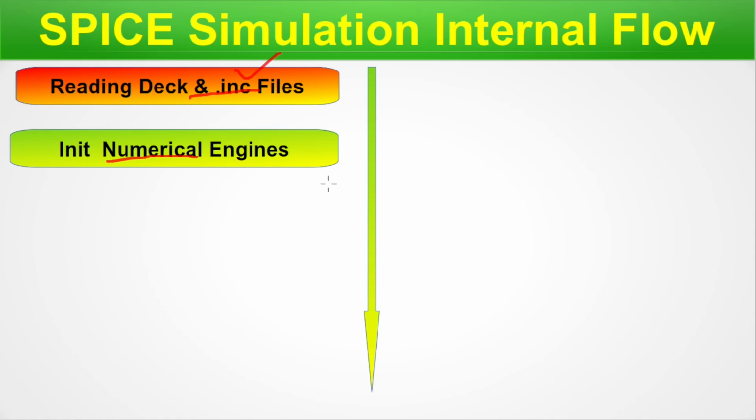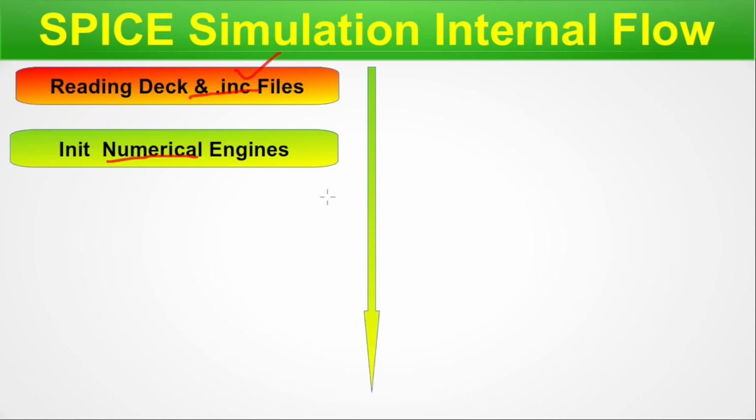This is for the initial solution, that is the initial condition solution that is needed in a SPICE deck. We will go into detail of this init and all these things in the upcoming fundamental episodes of this particular series. So wait for that, we will go into detail.